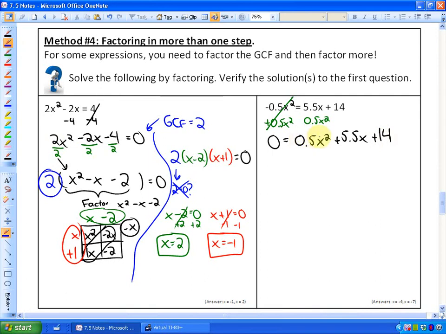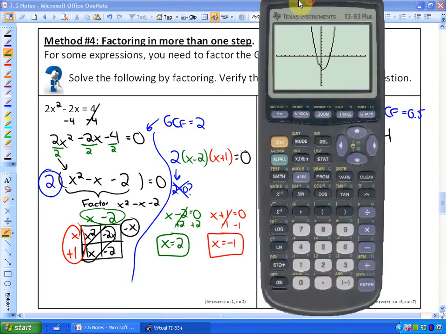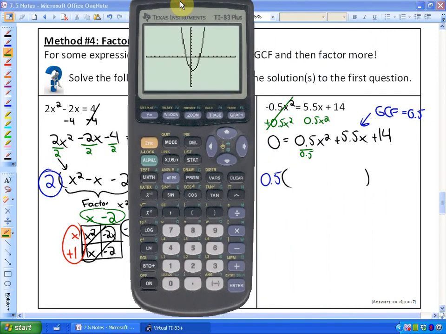Since you probably don't like fractions, I would treat your greatest common factor for this entire expression as being 0.5. So if I divide 0.5 out of all of those terms, I can even show you on my calculator. 0.5 divided by 0.5 is 1.